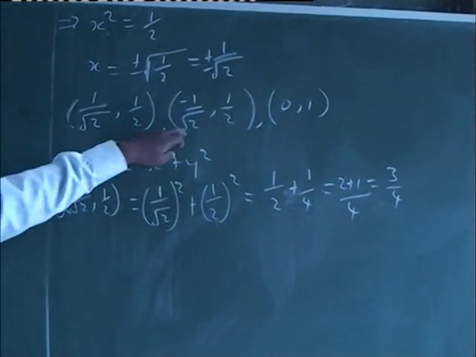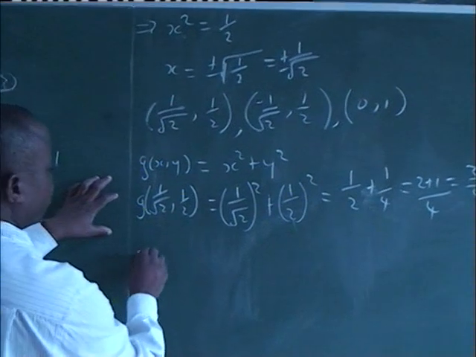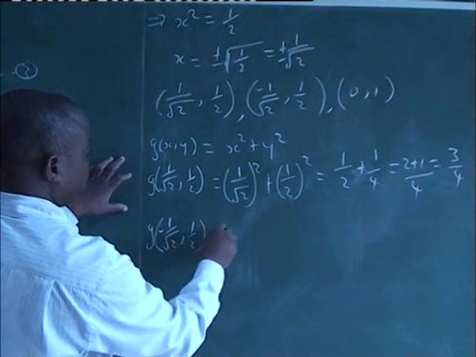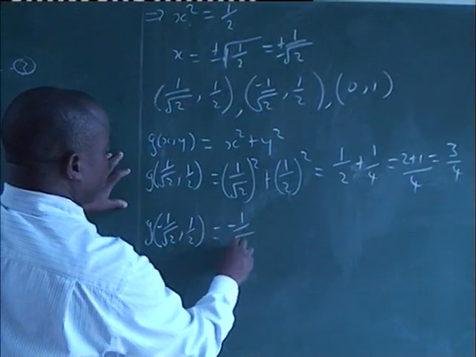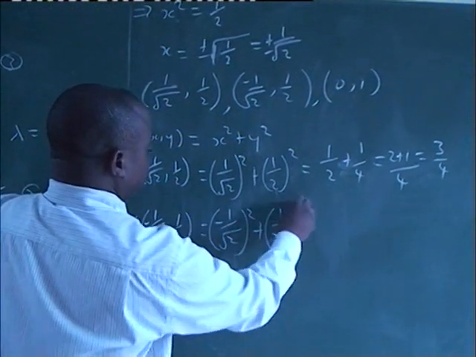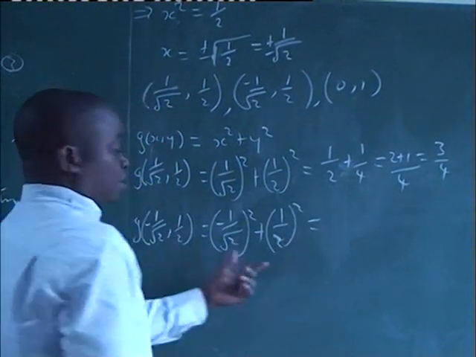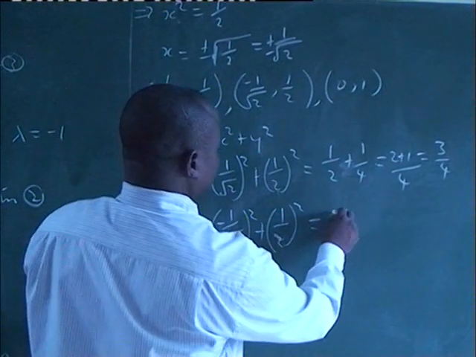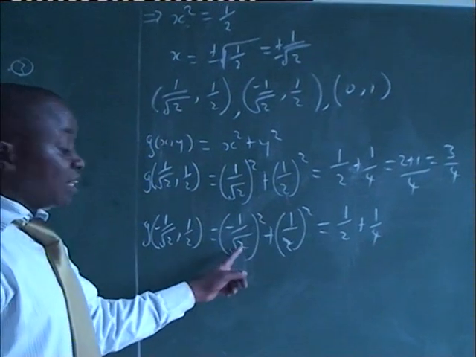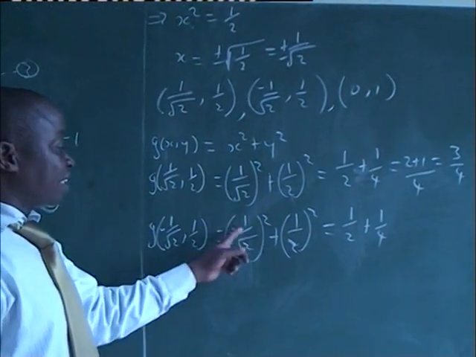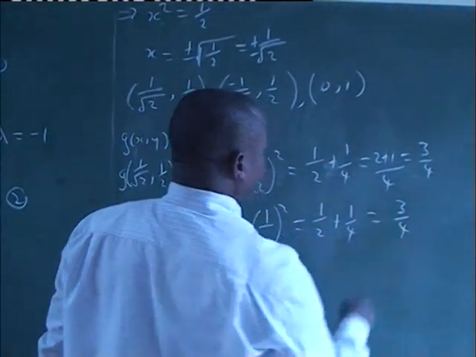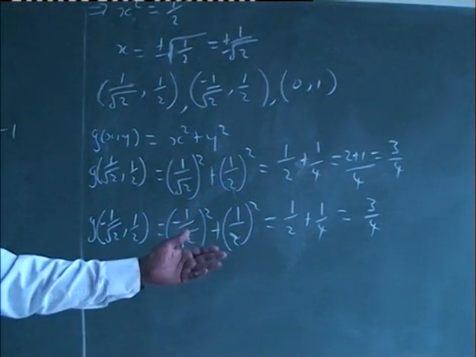Now if we go for this point, we have g of minus 1 over root 2 and 1 over 2. It will be minus 1 over root 2 squared for x plus 1 over 2 squared for y, and that will give us the same, 1 over 2 plus 1 over 4, which is 3 over 4.